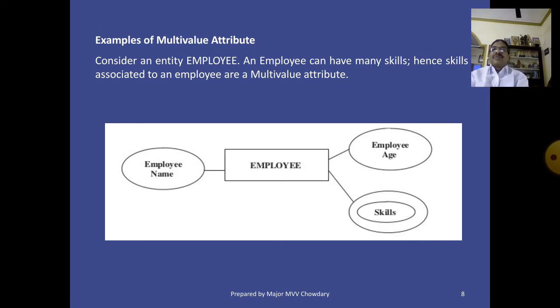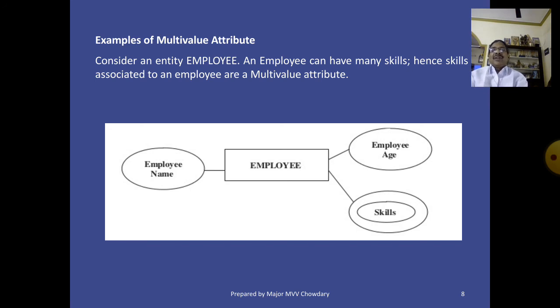See the screen. Employee is the entity. Employee name, employee age, and skills are attributes. Here employee name and employee age are single value attributes.